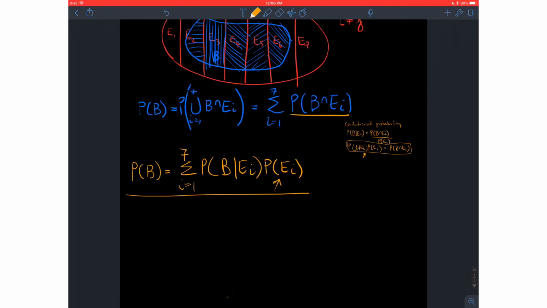But essentially, that's the whole idea of a partition and why it's useful. If you can't calculate the probability of something, maybe you can calculate the probability of something given you've chopped it up into bits that are more tractable. And so that's essentially the gist of it.